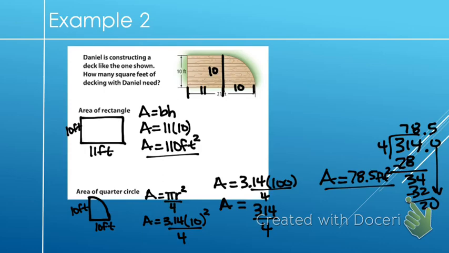Okay, we know we're composing, they're putting the shapes together, so now we need to add them. Make sure you line up those decimals. Okay, so we get 188.5 feet squared.